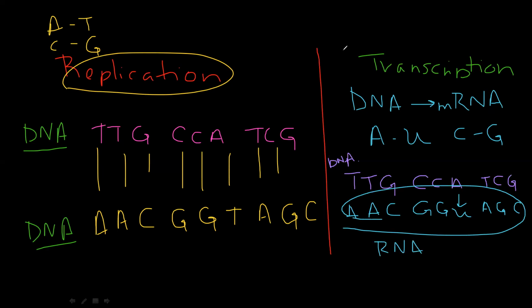And remember, we show it in threes because those threes are our codon. And that codon is going to give you the representation for one amino acid. So I hope that makes a little bit more sense when we start talking about these differences.